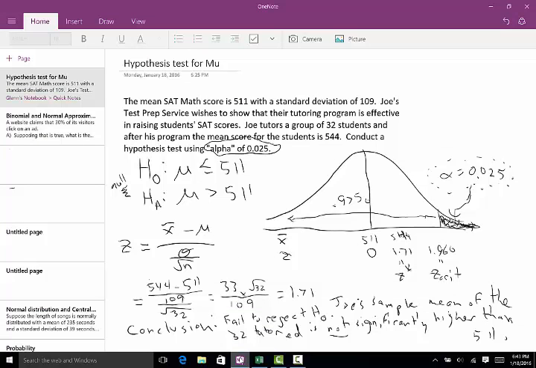Okay, so another way to look at this is called the p-value approach. Same problem, just a different way of reaching the conclusion. 511, 544 was here. Find its z-score, 1.71.